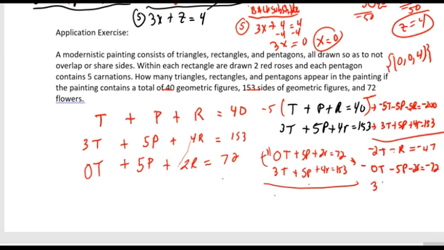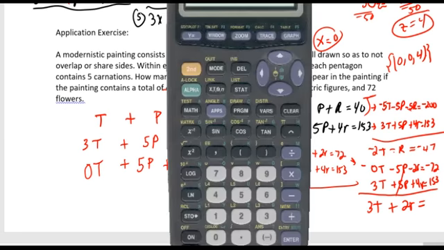And we're going to be adding that to 3t plus 5p plus 4r equals 153. So if we add, we get 3t plus 0t, that's just 3t. The p's are going to cancel. And negative 2r plus 4r is 2r, equal to negative 72 plus 153, which is 81.